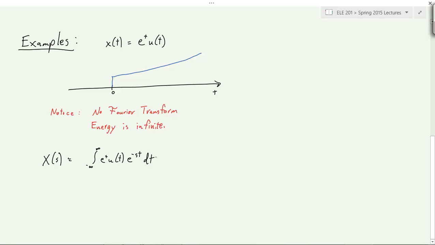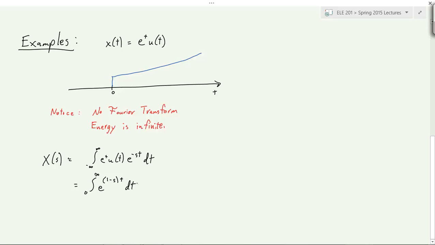Okay. Now, we can integrate this. We can combine the exponents together. Well, first of all, we should bring the u of t into the limits of the integral. So we get the integral from 0 to infinity of e to the (1 minus s)t dt.